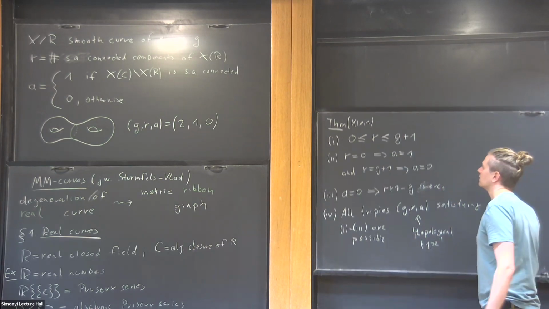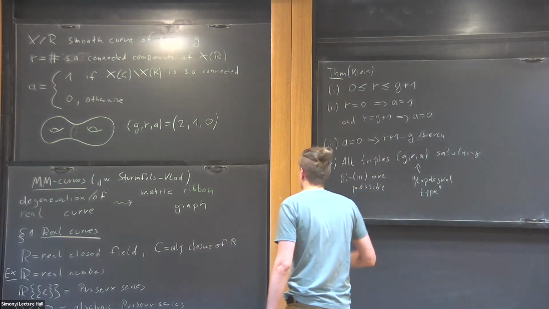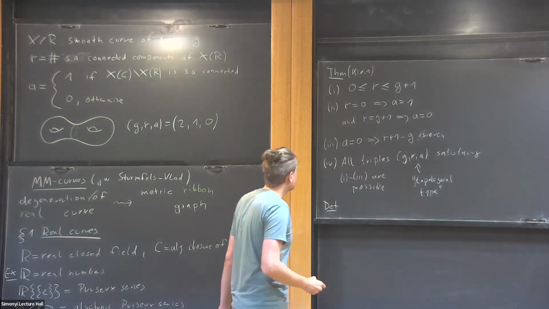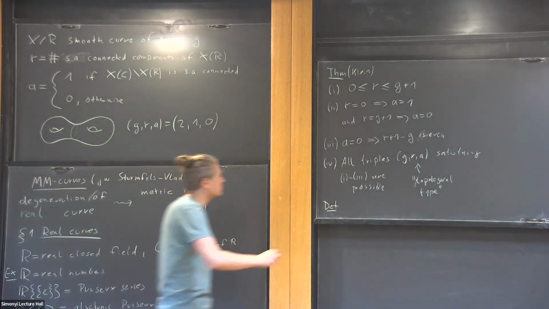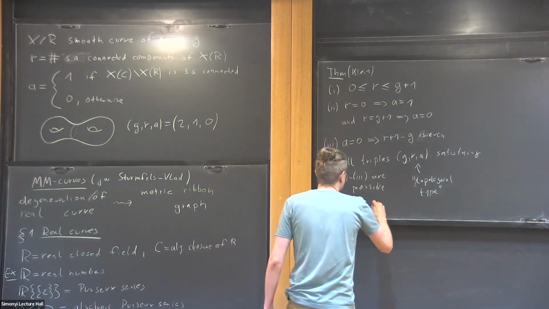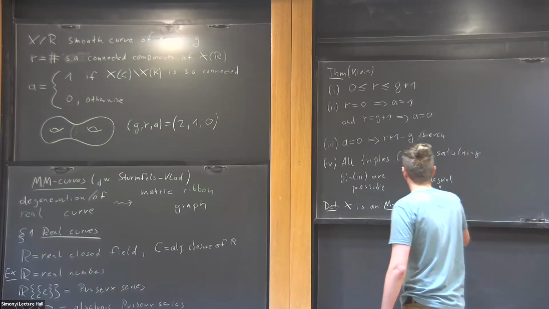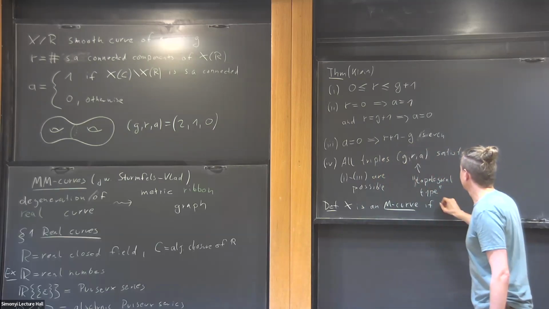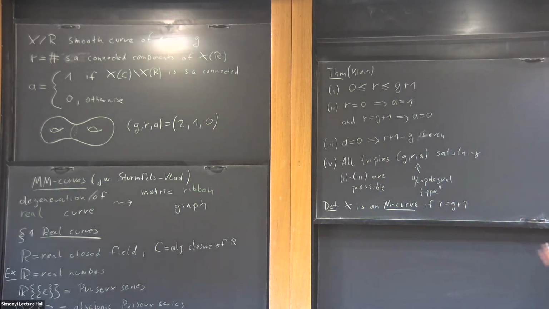And M, I can now reveal, X is an M-curve if there's the maximal number of real connected components.